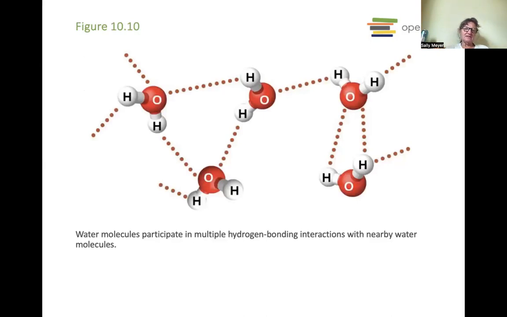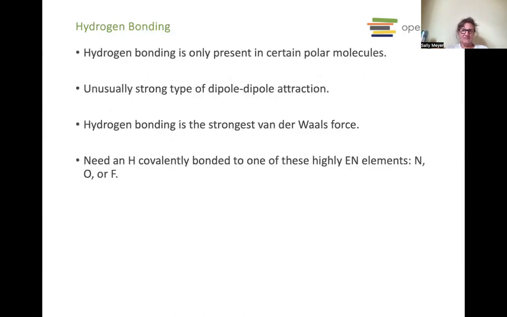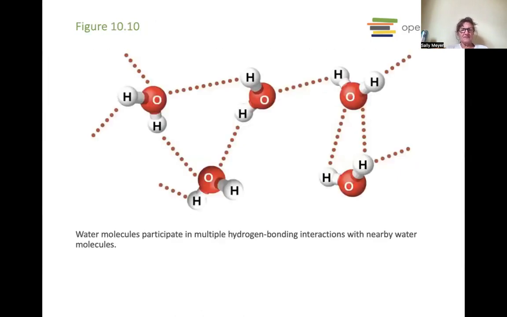So let's think about water. Water has a hydrogen bonded to an oxygen, and therefore it can hydrogen bond. When you think about it, hydrogen only has one s electron, and then you have oxygen. Oxygen is so much more electronegative that it's pulling the electrons in the bonds closer to it, leaving behind a hydrogen that has no electrons really.